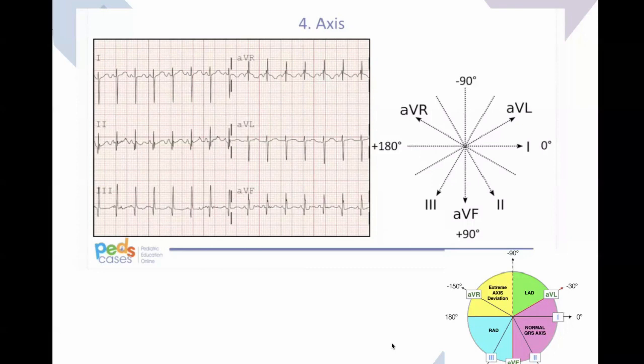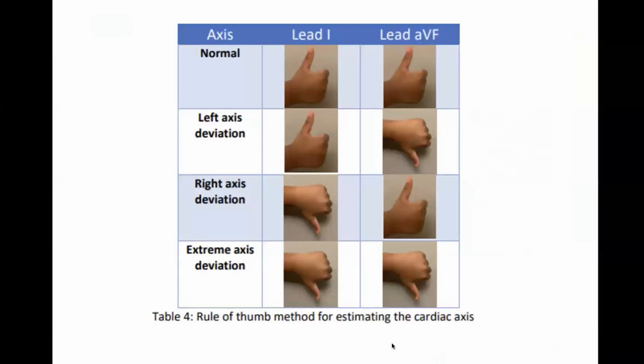And then on your vector diagram, find the lead that is perpendicular to lead AVR, and that is lead 2, which is at 120 degrees. In this example, there's therefore a rightward axis or right axis deviation. And depending on the age of this patient, a right axis could be normal or it could not be.